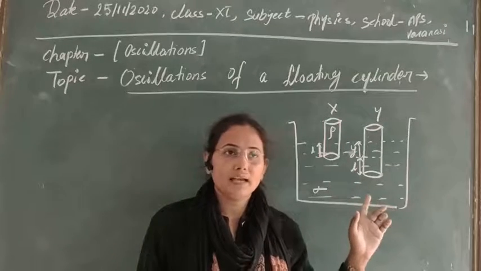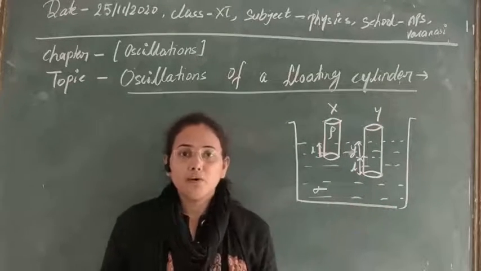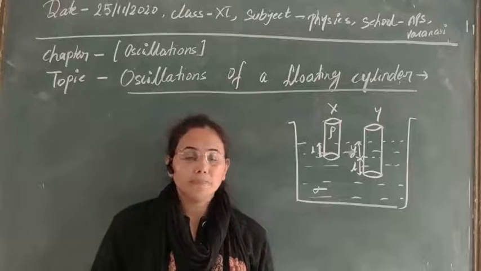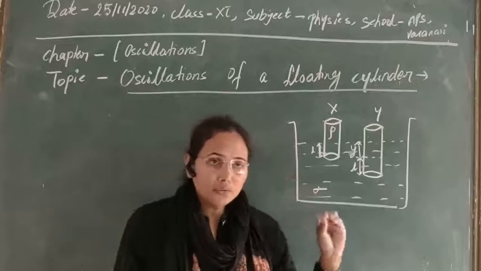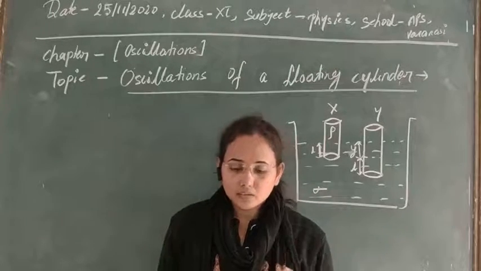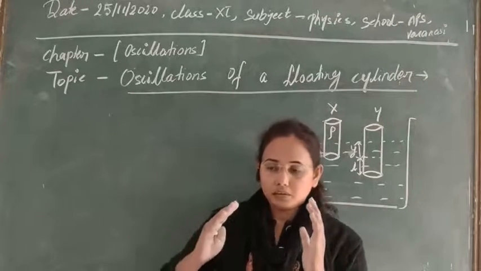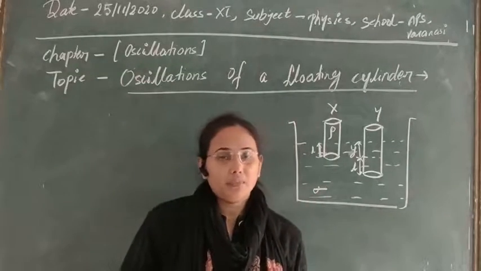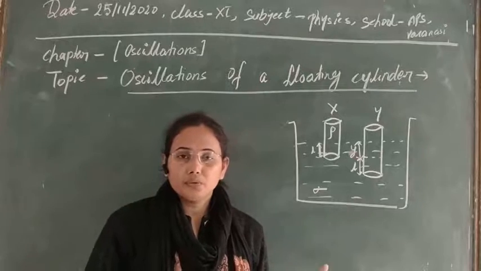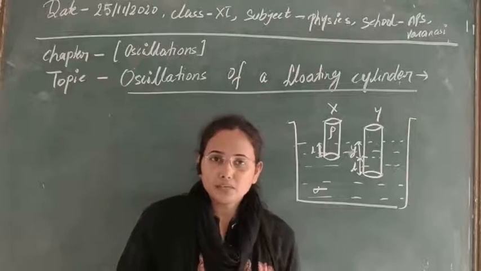The first force acting on the system that is performing simple oscillation or free oscillation is the displacing force. Due to the change in the configuration, the system will oppose it due to its elastic property, due to its inertial property.